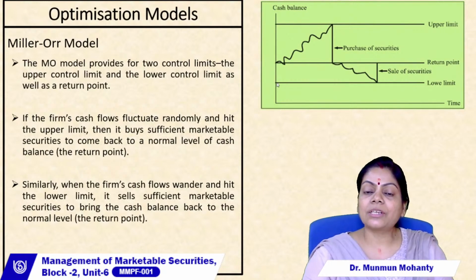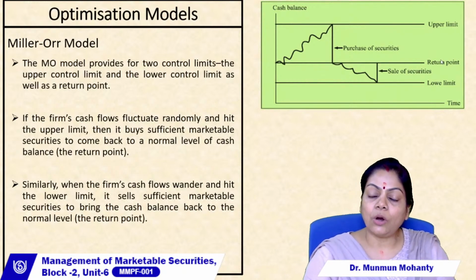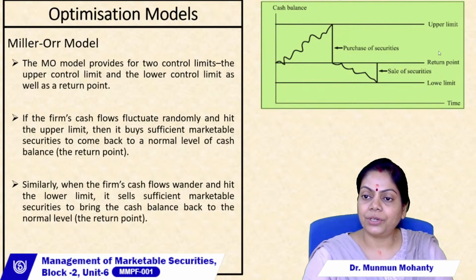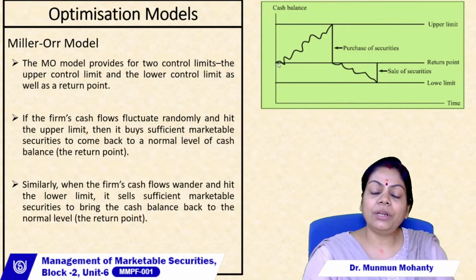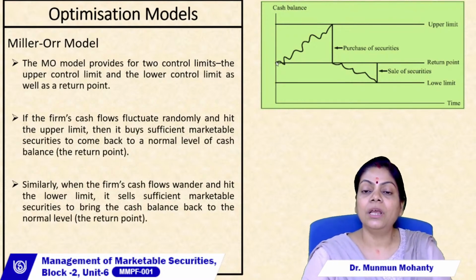Once my cash reaches this point, I'll sell some of the securities to get cash, so that I come to the return point. My optimum cash balance is the return point. Suppose my optimum cash balance is, let's say, 50,000 rupees. This is the return point.